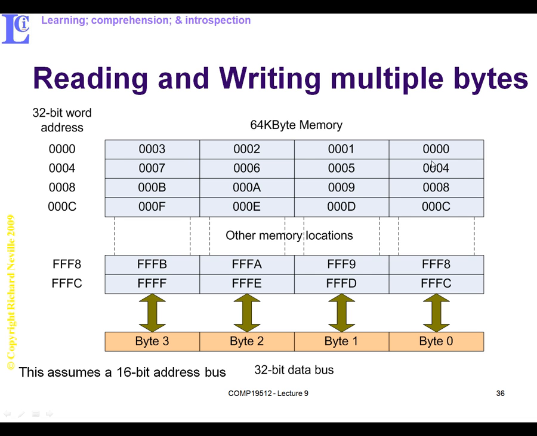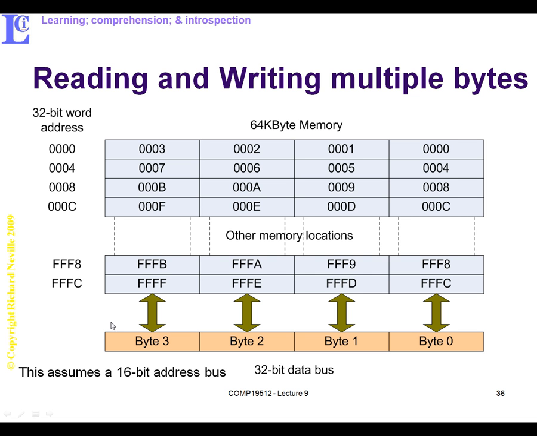So we're moving on to a 32-bit word address here. If we put out a word address, this only addresses one of the locations in a 64 kilobyte memory. So with this number of bits, we've only got 64K of these locations we can access, which goes from 0 to all F's. And the important thing to think about is this assumes a 16-bit address bus.